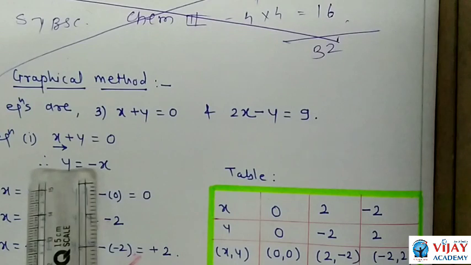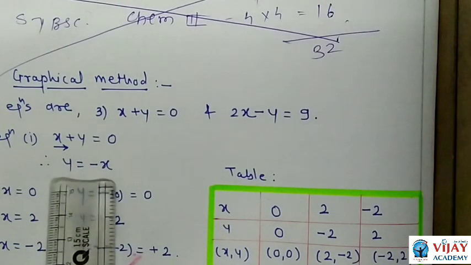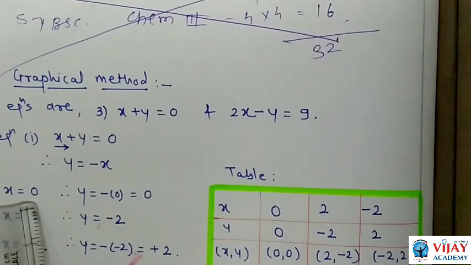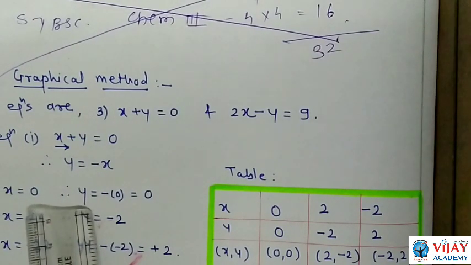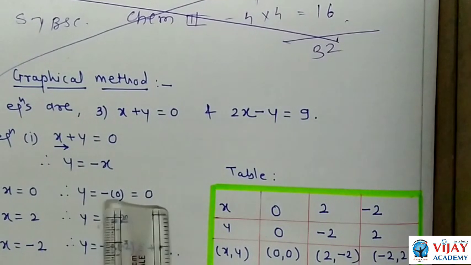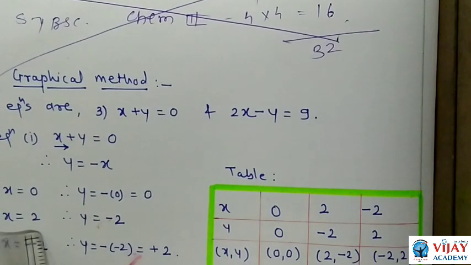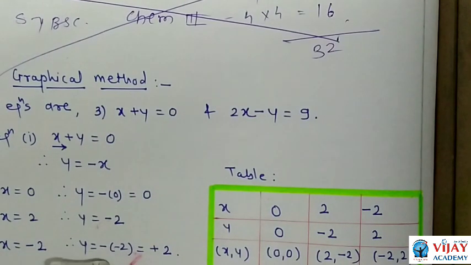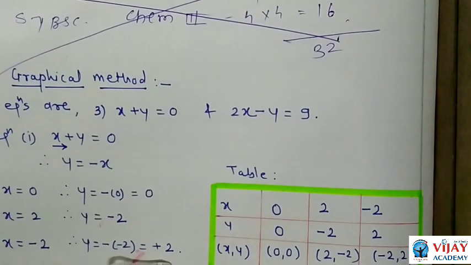Now substitute the values of x, we get the corresponding values of y. If we substitute x is equal to 0, we get y is equal to minus of 0, that is 0. Then x is equal to 2, we get y is equal to minus 2, and x is equal to minus 2, we get y is equal to minus of minus 2, we get plus 2.